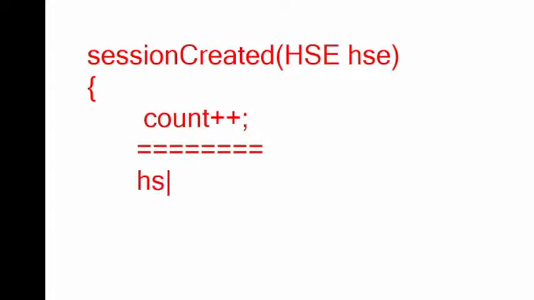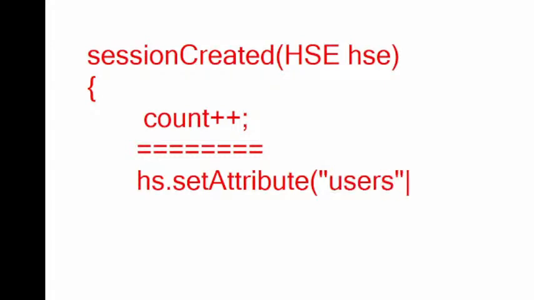After that, session dot set attribute. For the attribute name, whatever you want you can write. Like last class, the Oracle connection I gave, that Oracle name, whatever you want you can write. Here I'm counting the number of users, so I'm writing users, and the count variable.